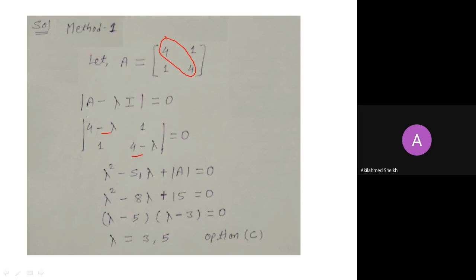Then this is a 2 by 2 matrix, so we use the formula lambda square minus S1 lambda plus determinant of A equals 0. Here S1 is the sum of diagonal elements of capital A, means 4 plus 4, we get 8. Determinant of A is 4 times 4 is 16 minus 1, that is 15.